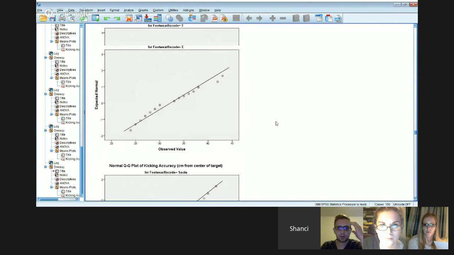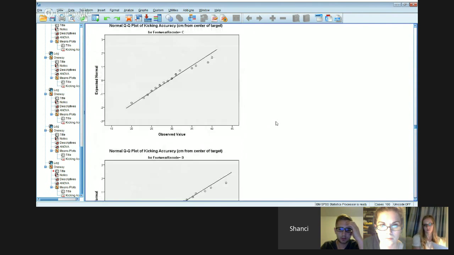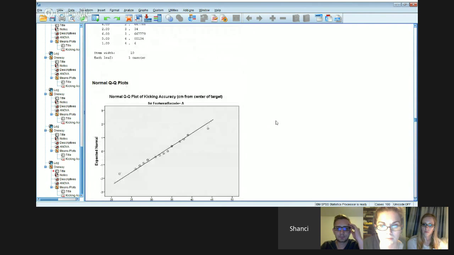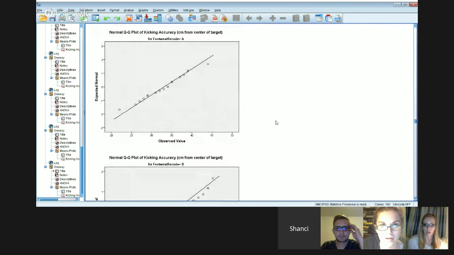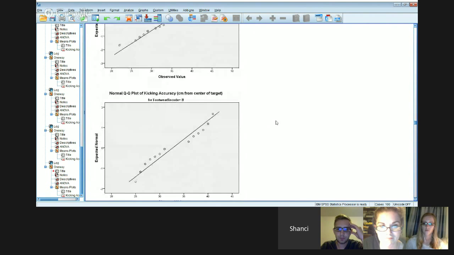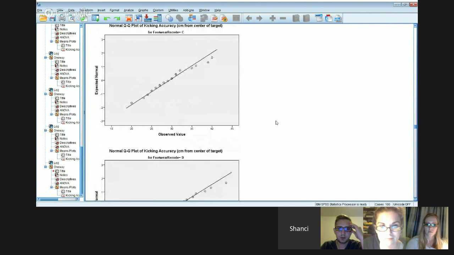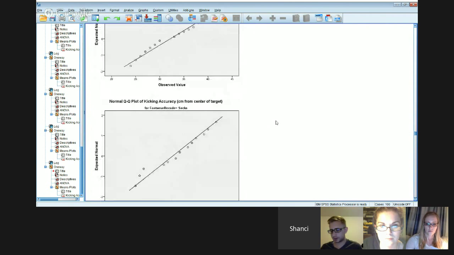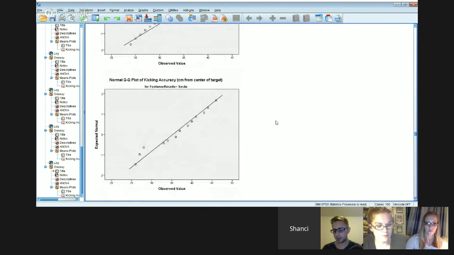But they all look pretty good, or good enough to be considered normal, right? I think so, yeah. Okay, so the test for equal variances is satisfied because the highest is not more than 4 times larger than the smallest. Right.